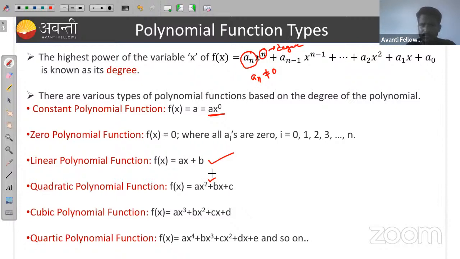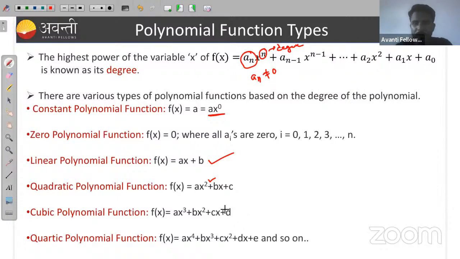The cubic polynomial function is ax cube plus bx square plus cx plus d, and the quartic polynomial function will be degree 4, like that degree 5, degree 6, and so on. Mostly you will deal with linear, quadratic and cubic polynomials, and their graphs, roots, everything. In competitive exams, mostly you will see this kind of polynomial involved.